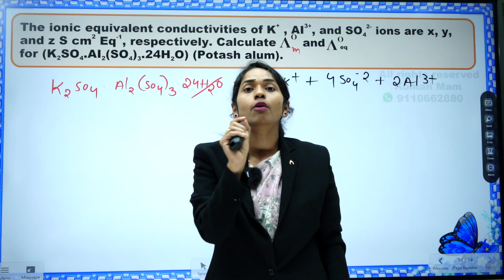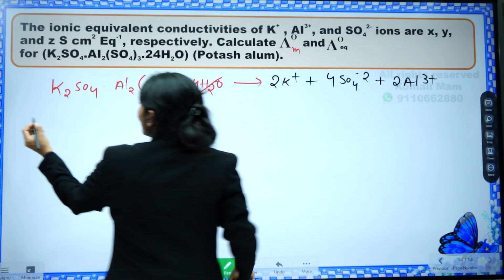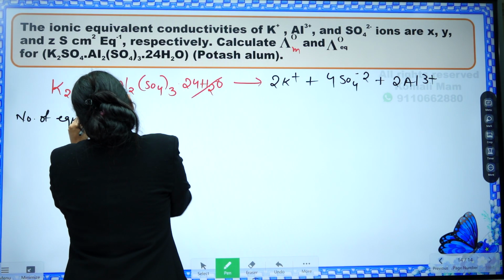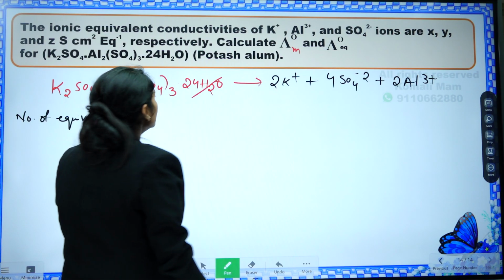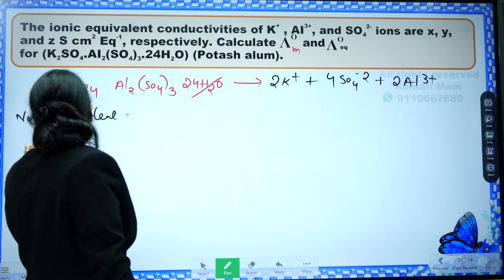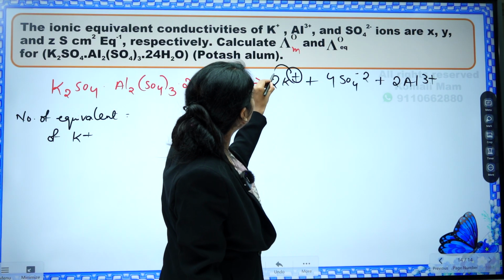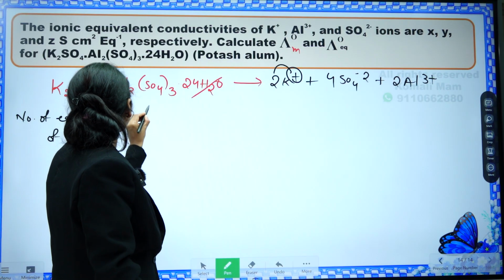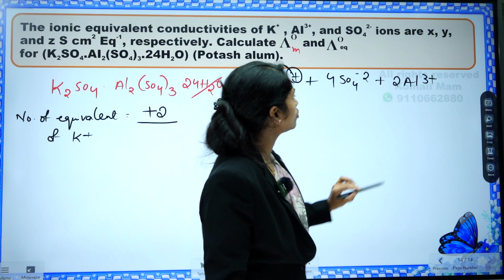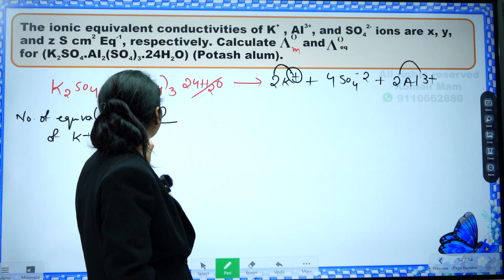So in this case, how to find equivalent conductivities, let us see. You have to find each number of equivalents. Number of equivalents is equal to, what is the formula? Charge on that ion by total charge. Let's say number of equivalents of potassium ion. What is the charge on this ion? Plus 1 into 2 plus 2, divided by total charge on the cations, 2 into plus 2, 2 into plus 3. Plus 3 is plus 6 and here plus 2. Total charge is plus 8.